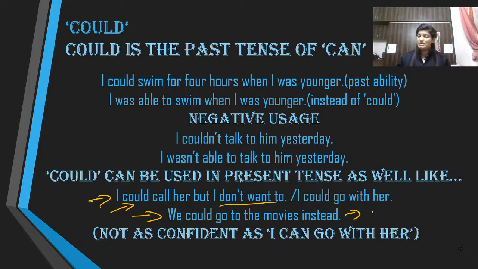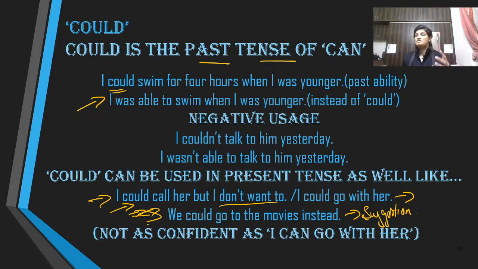This is also a present action, but it is more of a suggestion. Both these usages are in present situations. Could is basically a past tense, no doubt, but here the way we have used it, it is in past, and here the way we have used it, it is in present.